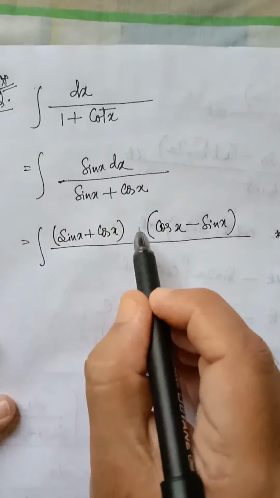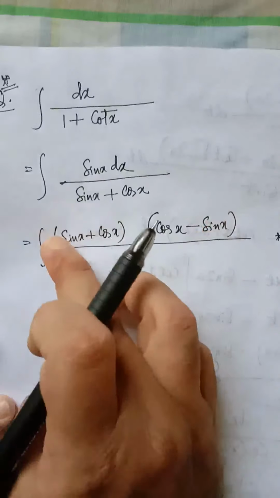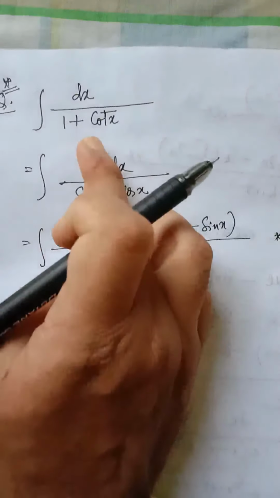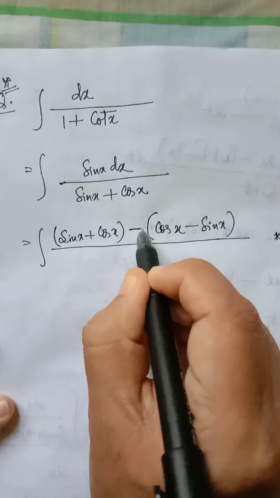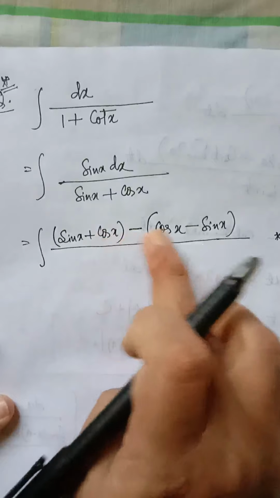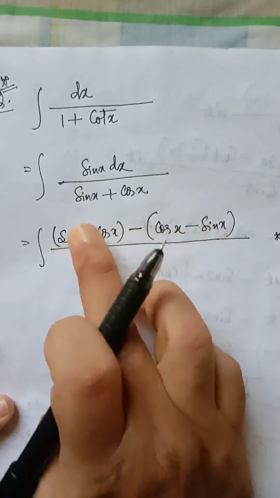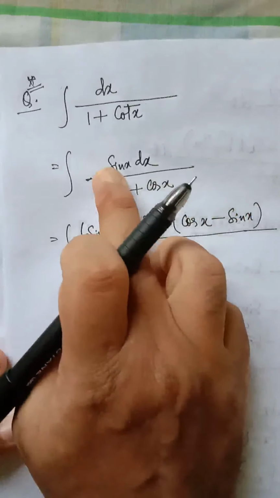If we write a plus sign here, sin minus sin will get cancelled and we will get 2 cos x, but we need sin x here, so we have to put a minus sign. In that case cos x minus cos x will get cancelled, and sin x plus sin x, our numerator will become 2 sin x, but we need sin x in the numerator.